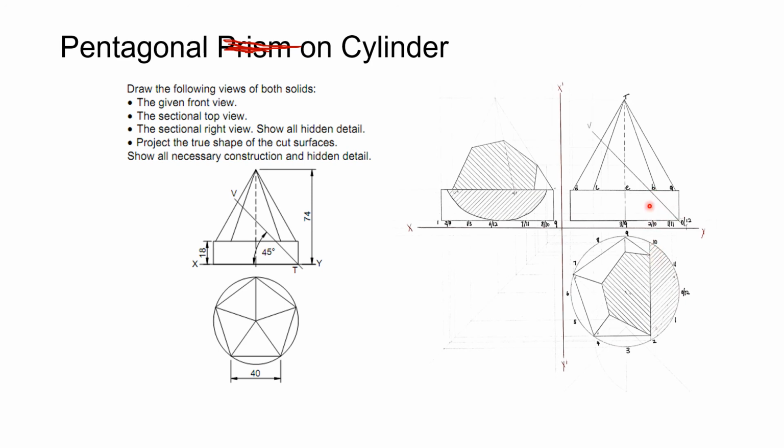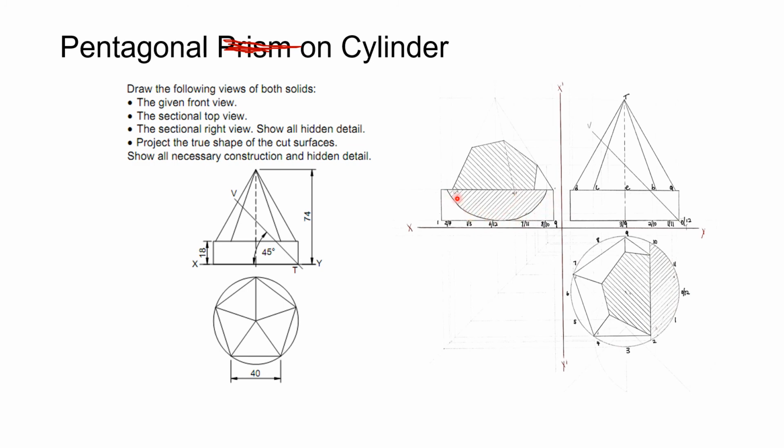Then where these lines, the 10, 11, and 12, meet the cutting plane, you project these lines to the right view, and then you'll also project across to the right view where they meet with these lines from the front view. It's obviously your points there. Then you will find your cutting plane in the right view.